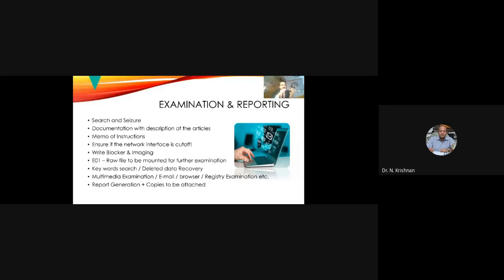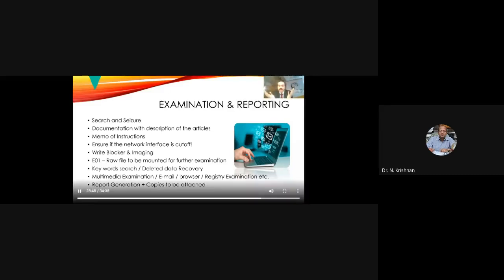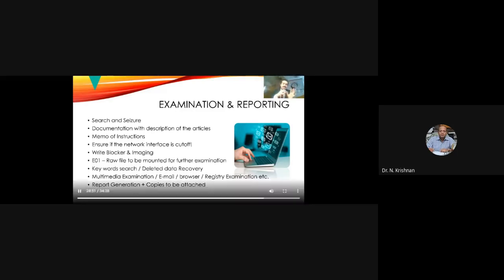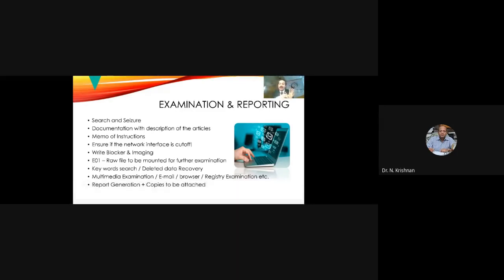Imaging includes the complete replica of the source hard disk, including the allocated sectors and the unallocated sectors, because the data on the hard disk is stored in sectors. Some sectors might be active, which is allocated, and some might be unallocated.